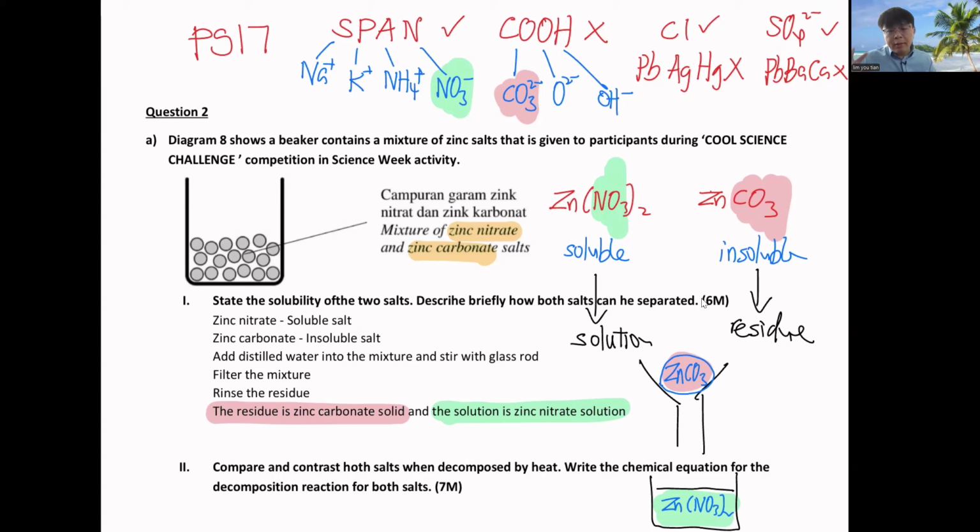So now I separate into two different chemicals, where the residue is pure zinc carbonate, and the solution is pure zinc nitrate. I think it's one of the sample questions that ask you about solubility. So they might come up with a very simple question from here.